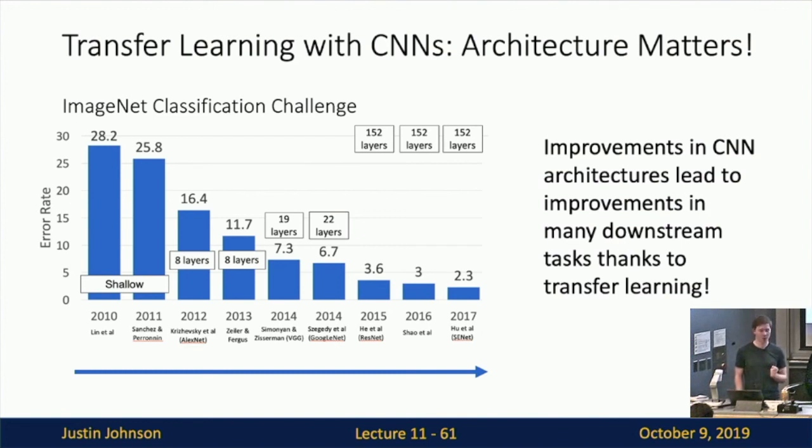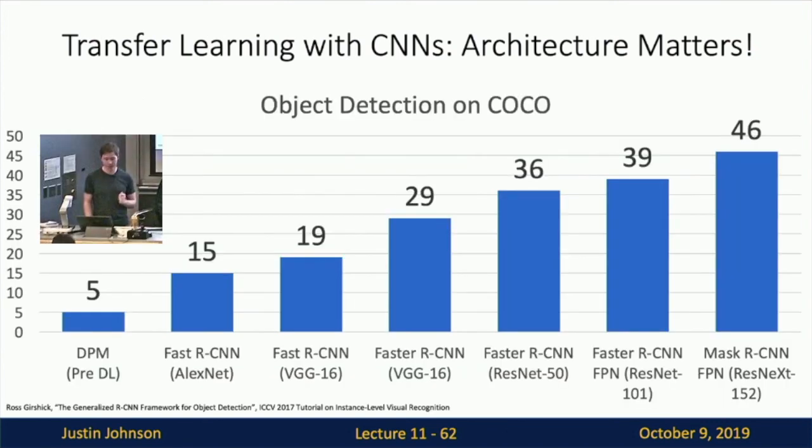So there was a period in time when basically you would just take the latest and greatest model that worked the best on ImageNet and just apply it to whatever your problem at hand was, and things would get better. An example of that comes from, again, this object detection problem. It's very difficult to find papers that make controlled comparisons between different ImageNet models. So this object detection comparison is not perfect, but it's the closest I could find. Here, again, the y-axis is the performance on this object detection task. 0 is terrible, 100 is perfect.